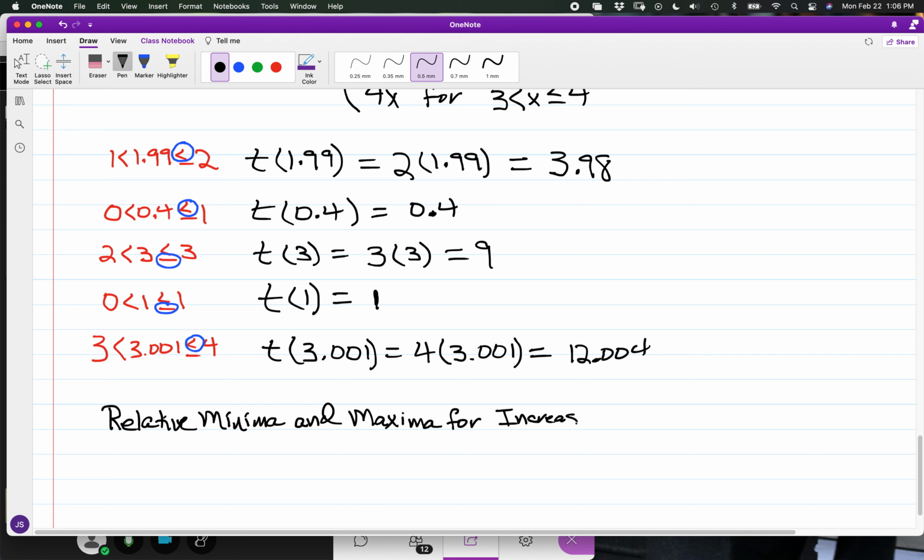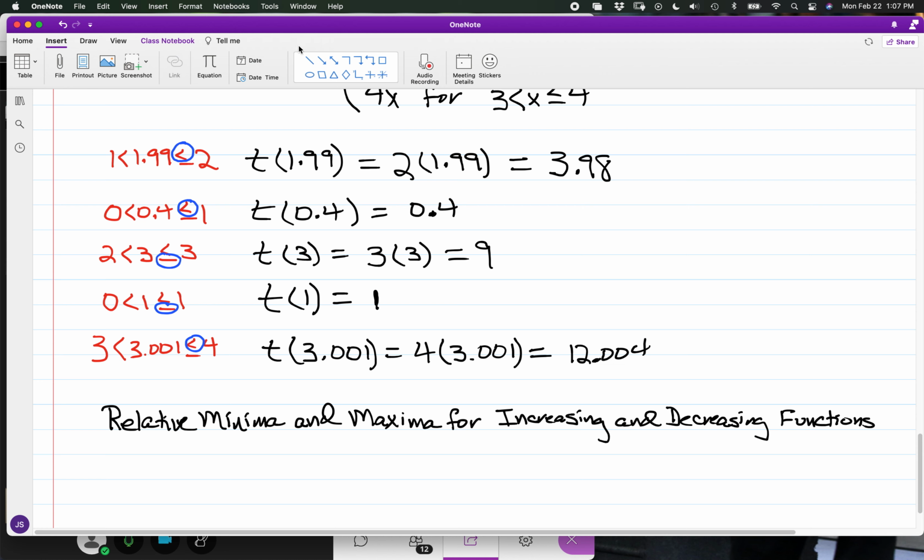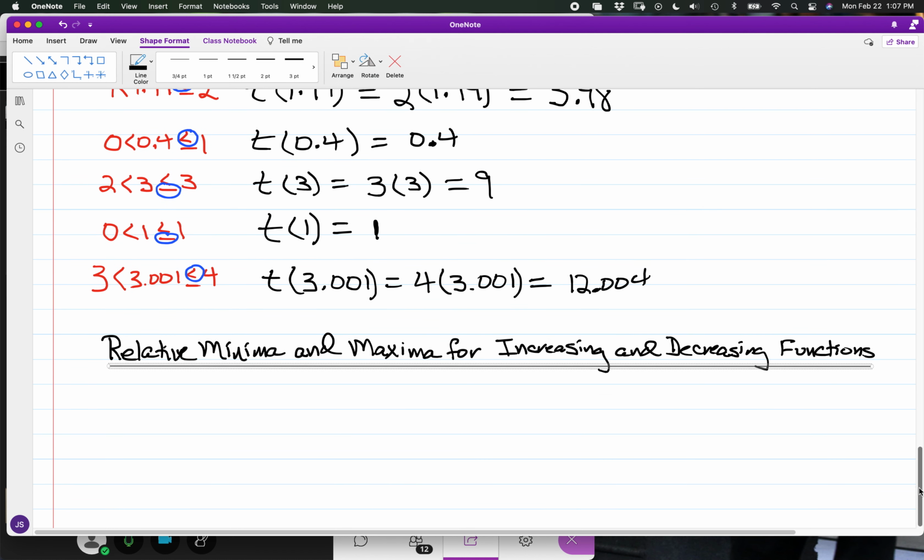It's a little bit of a long title, but there are lots of things going on simultaneously. Again, relative minimum and maximum for increasing and decreasing functions.